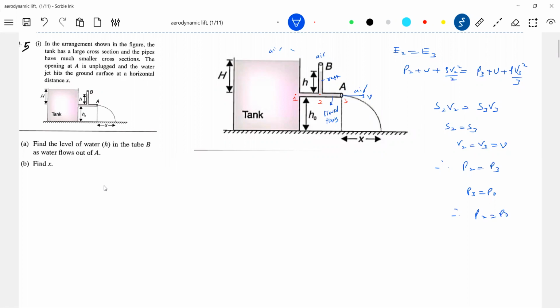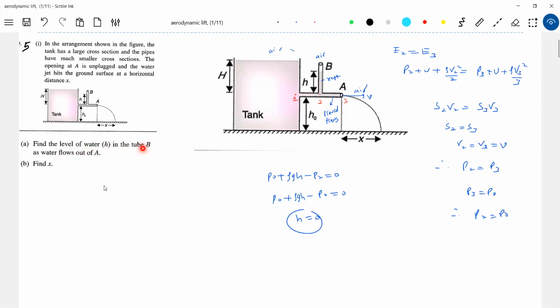Okay, now let's write expression for pressure on the vertical limb. P naught plus rho GH minus P2 equals 0. What is the pressure at 2? Equal to P naught. So what should be the H? Should be 0. So what should happen to liquid? Liquid should not rise in the vertical limb. What is the vertical limb? This is the thing. So liquid should not rise.